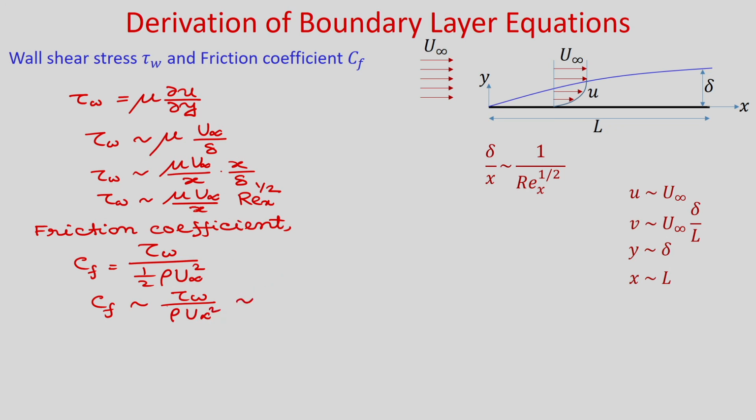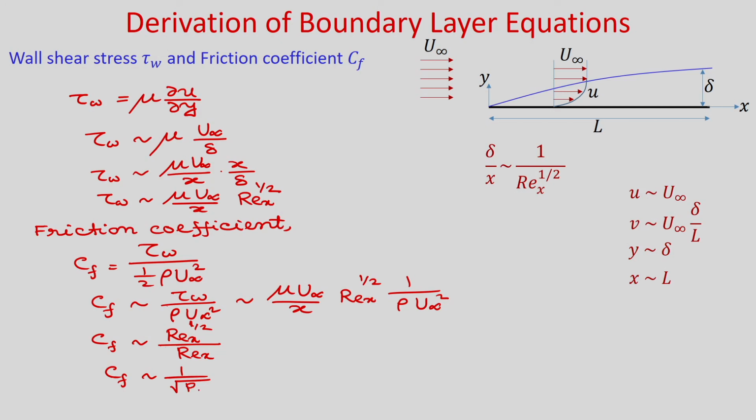So, tau w already we have seen that mu u infinity by x Re_x to the power half, and we have 1 by rho u infinity square. So, you can see u infinity, one u infinity will be there, and mu by rho it will be nu. So, you will get Cf as order of Re_x to the power half, and we will have Re_x, okay, in the denominator. So, you can see that Cf will be 1 by root Re_x.